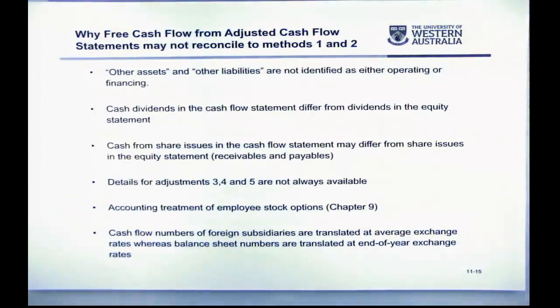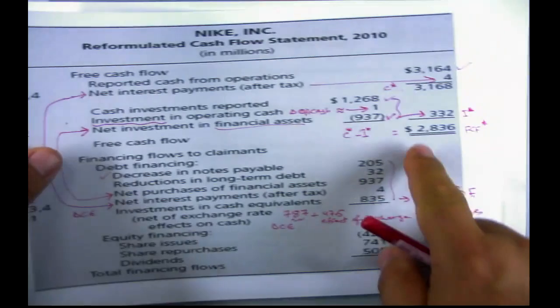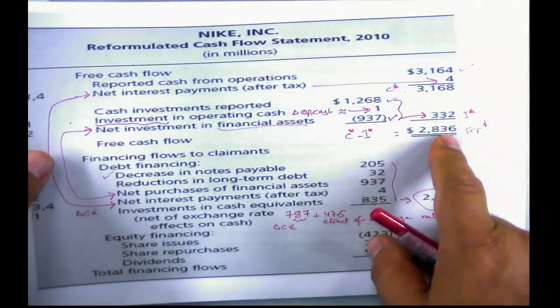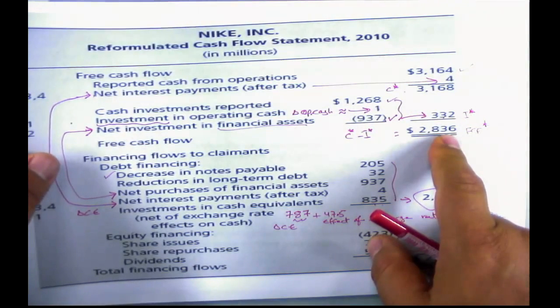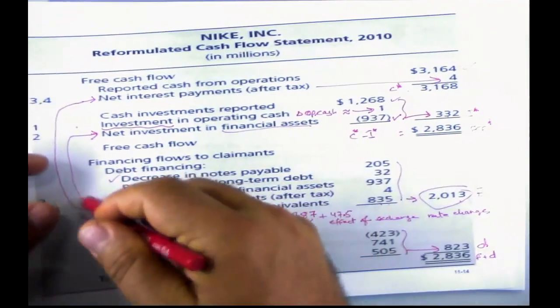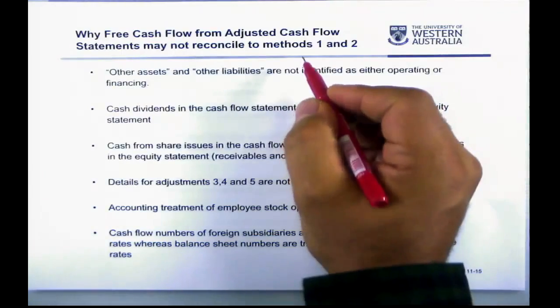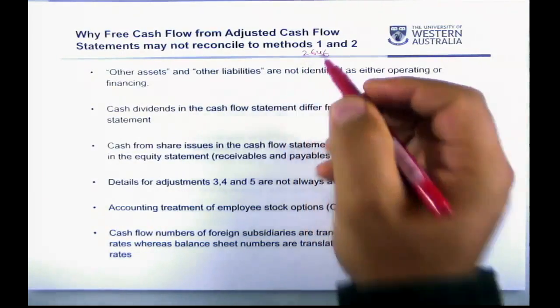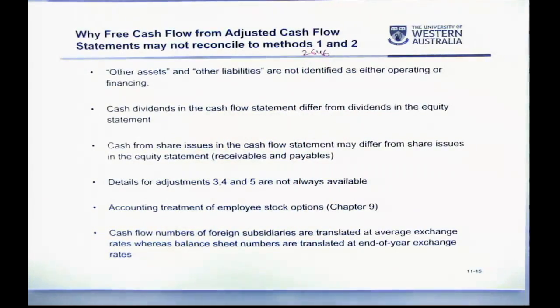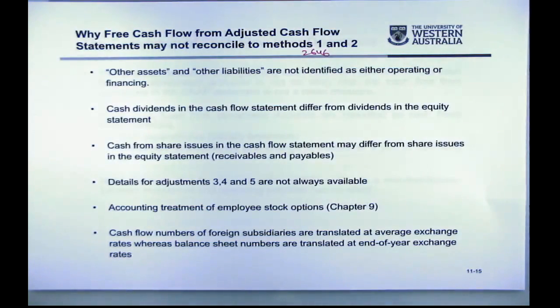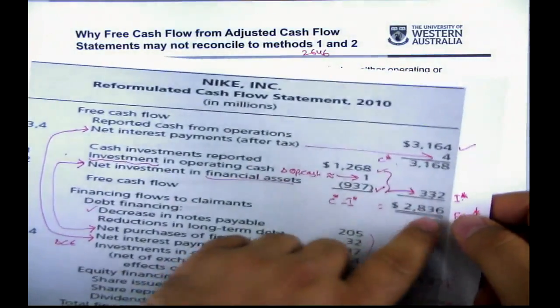As you can see, this number 2836 is not the same number obtained under method 1 and 2. If you go to method 1 and 2, the calculated free cash flow was 2646, but here it is 2836.